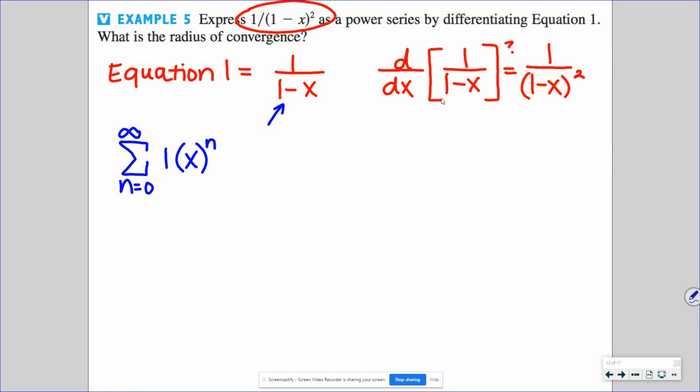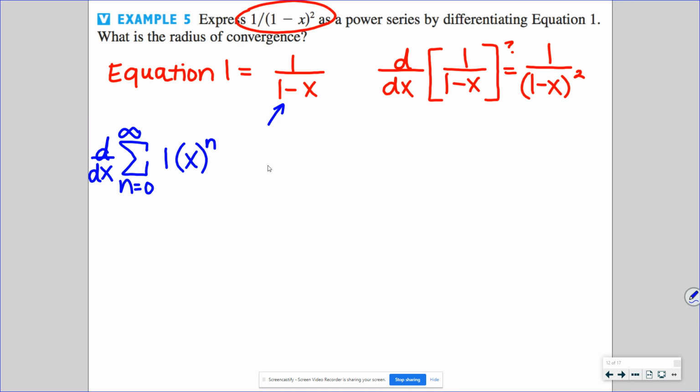And we're saying that if we take the derivative of this, we get this, right? Well, the series I just wrote represents 1 over 1 minus x. If I take the derivative of that, that's the theory, then I'm going to get the 1 over 1 minus x squared series.